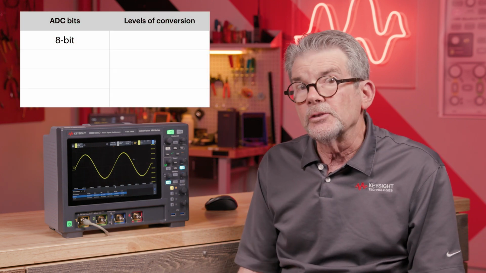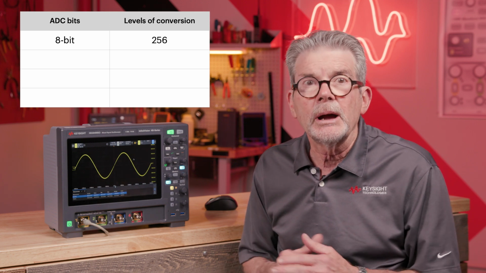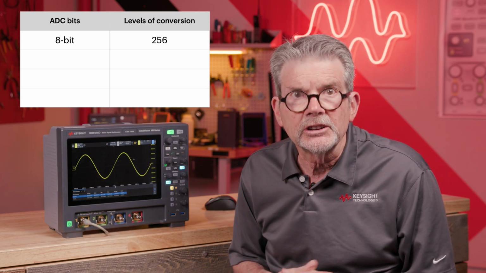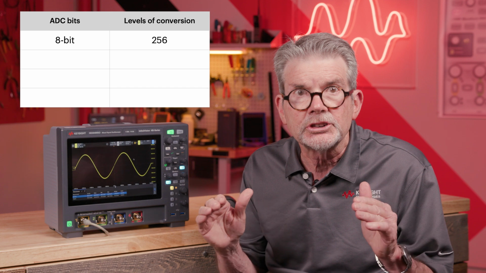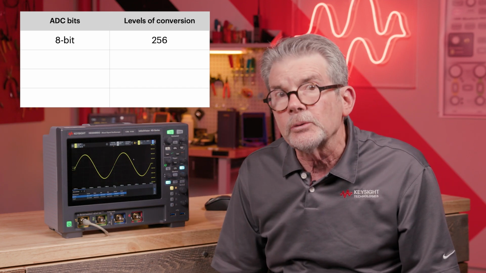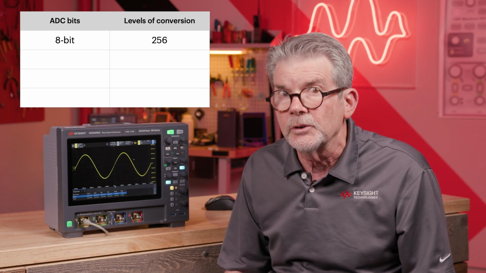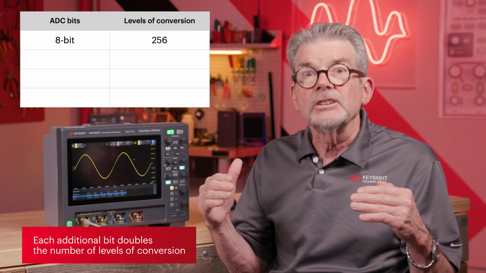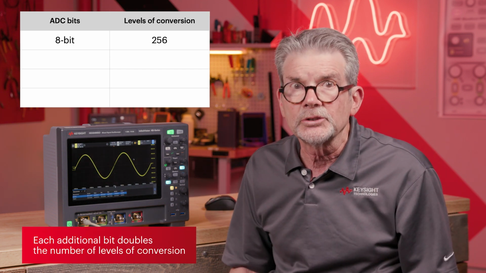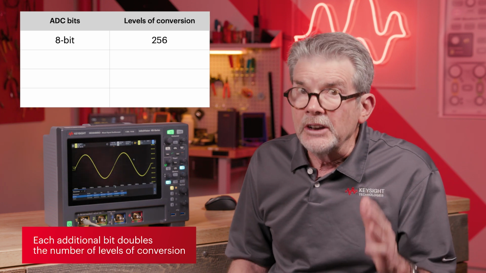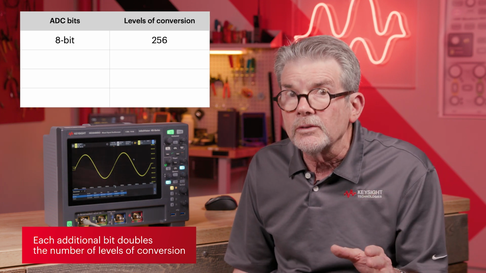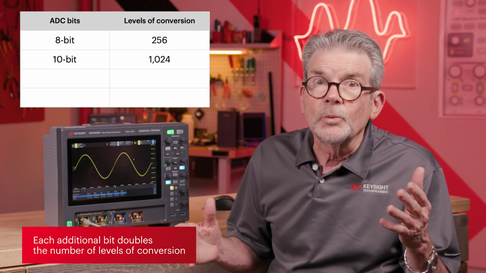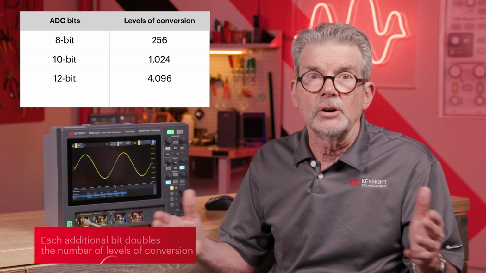Not too many years ago, 8 bits was considered the industry standard. 8 bits of conversion provides 2 to the 8th power, or 256 unique levels of conversion across the dynamic range of the analog to digital converter of the oscilloscope. Each additional bit doubles the number of levels of conversion. So 9 bits provides 512 levels, 10 bits 1024 levels, and so on.